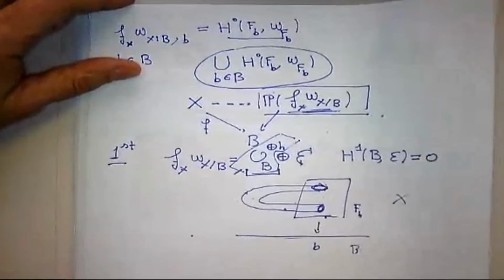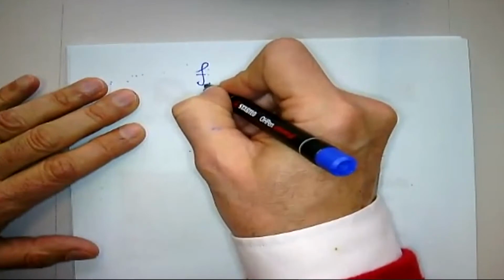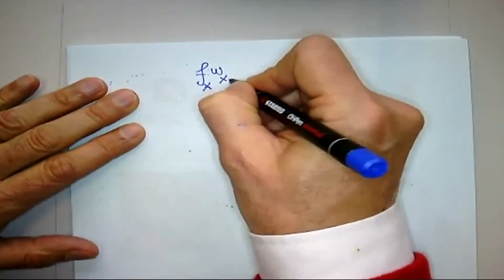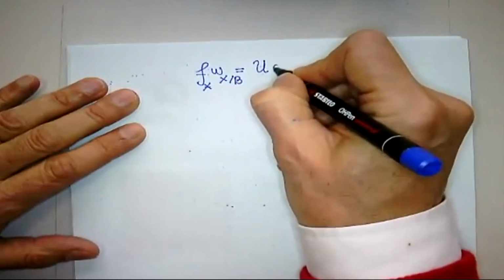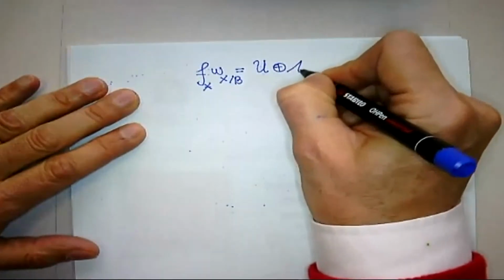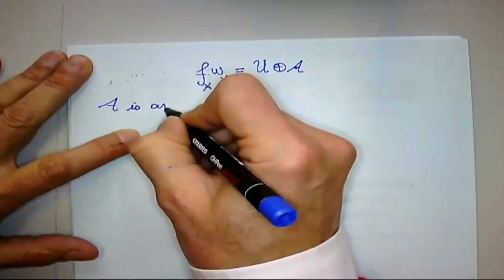So now we start to enter instead in the important decomposition, the second one, which is really the decomposition we are working on. So the second decomposition is like that. You have a piece U and a piece A, where A is ample.